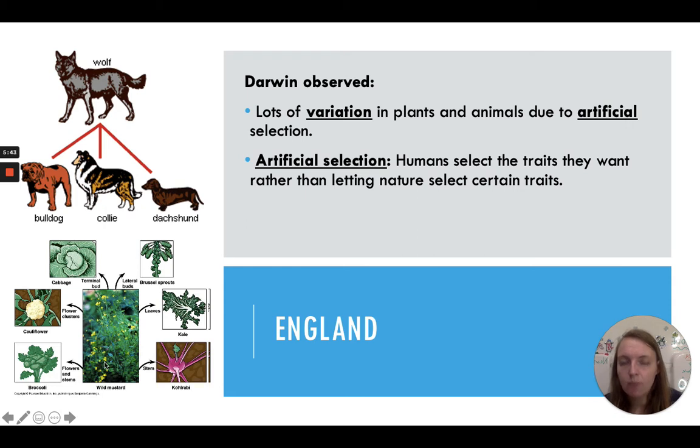And from humans specifically breeding for specific things in this plant, we've been able to get all of these other types of plants like broccoli, cauliflower, cabbage, Brussels sprouts, kale. I'm not sure what this is, but we've been able to get tons and tons of different types of plants from this wild plant by specifically choosing things that we want and breeding for them.